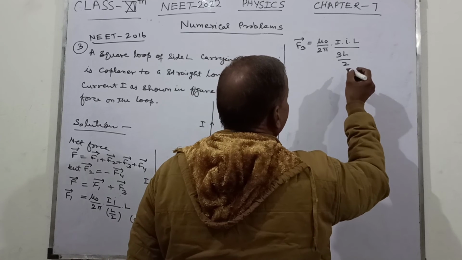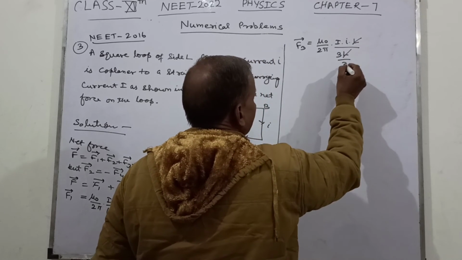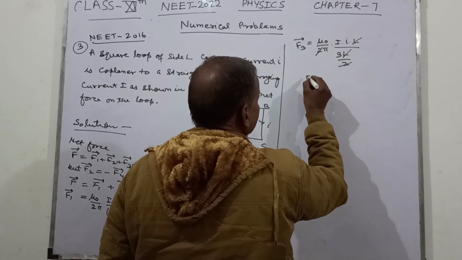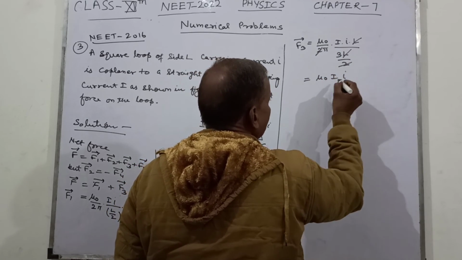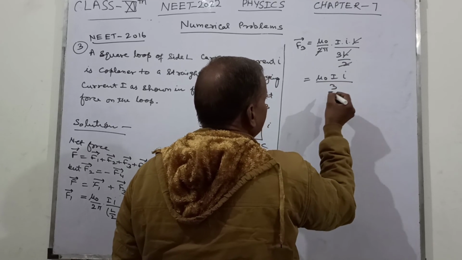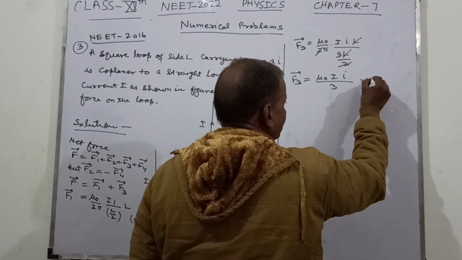So what we have, this L and L will cancel, and this 2 and 2 will cancel, so this is mu naught I into I upon 3 pi. This is equal to F3. This is repulsive force.